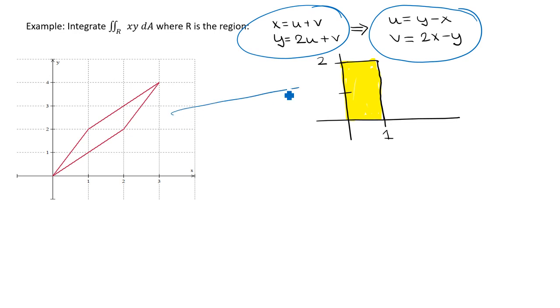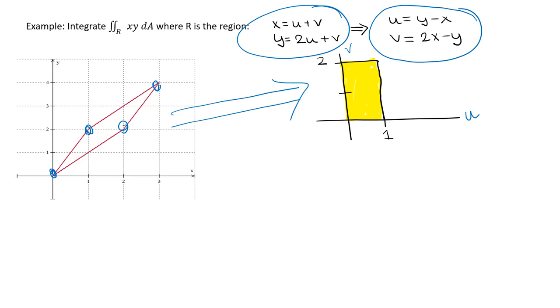We sketch this region in the uv plane by taking these corner points and transforming them into u's and v's. And I've recreated that sketch that I did earlier. In the uv plane, we now have this rectangle where the u's go from 0 to 1 and the v's go from 0 to 2. So again, this is the same region, same transformation we talked about earlier.